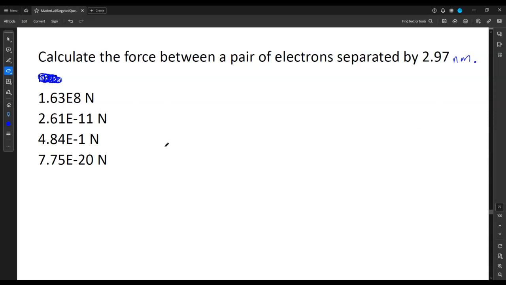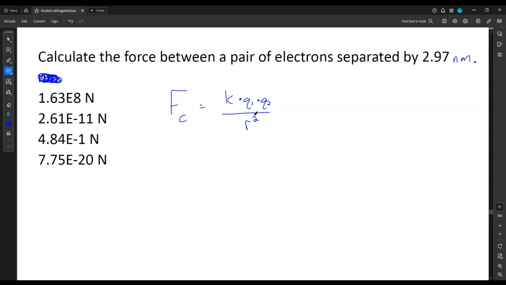So our Coulomb force equation, Fc instead of Fg, is equal to a special constant K multiplied by the first quantity of charge multiplied by the second quantity of charge, and then divided by r squared. So we saw this with gravity before, where there's a gravitational constant, and then these were masses over r squared. This one has a very similar format.